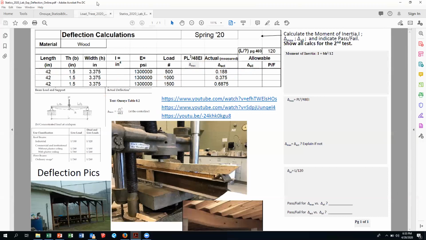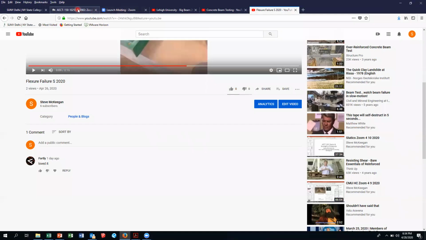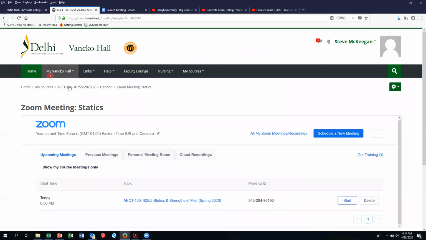Again, can you repeat the page for the homework that's due on Thursday? It's all on Vanco. All right. But it's basically on Vanco. Let's see here.